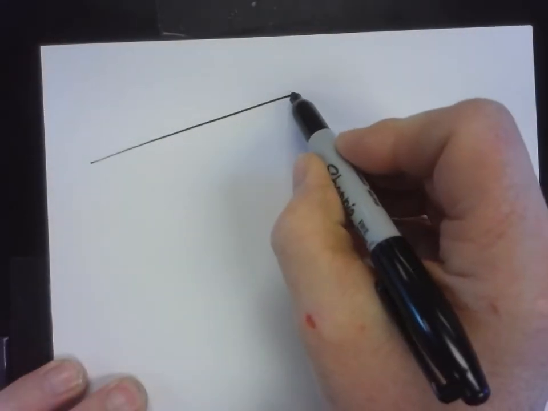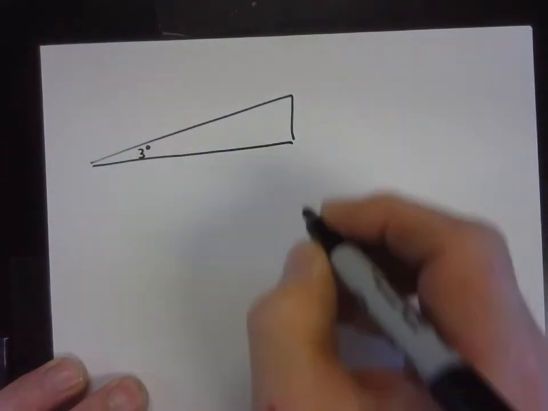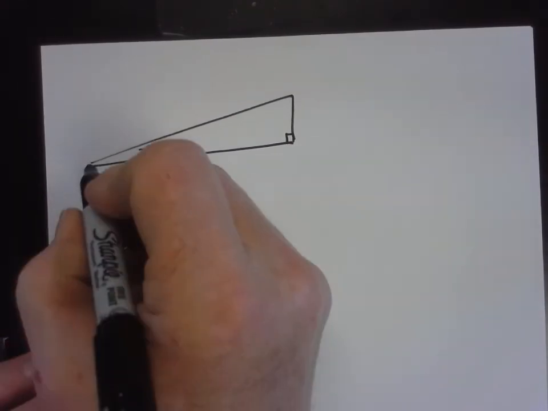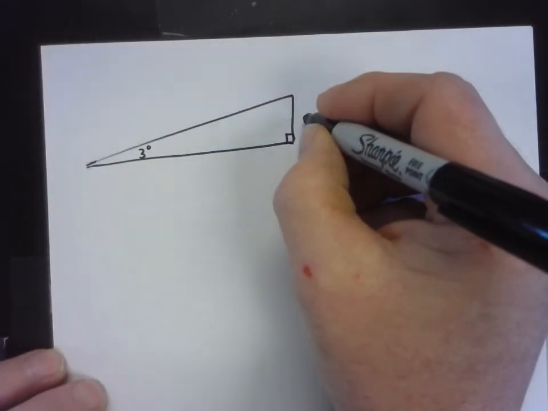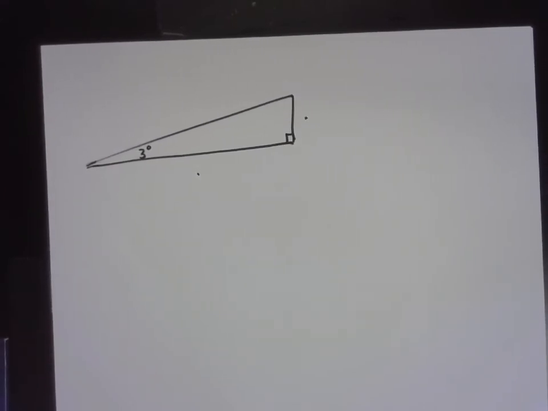Okay, so here's a triangle with a really small angle in it, like 3 degrees. Thinking about this side over here and this side over here, the difference between them is going to be fairly small.